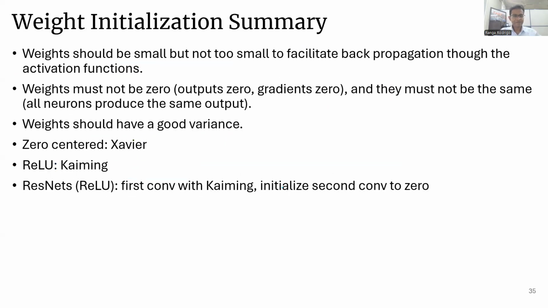Okay, that's a mistake I made here. Weights should have a good variance. If a zero-centered activation function is used, use Xavier initialization. If ReLU activation is used, use Kaiming initialization. If ResNets are used with ReLU activation, use Kaiming initialization for the first convolution layer and zero initialization for the second. Those are the rules for weight initialization.